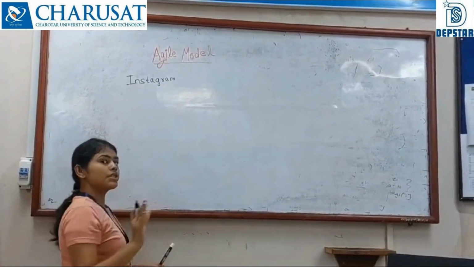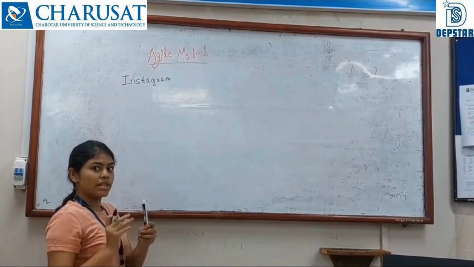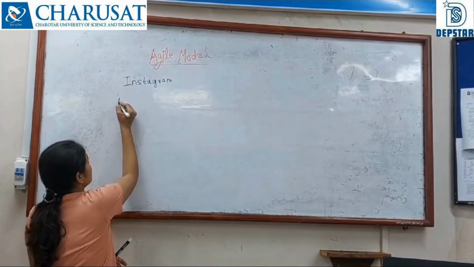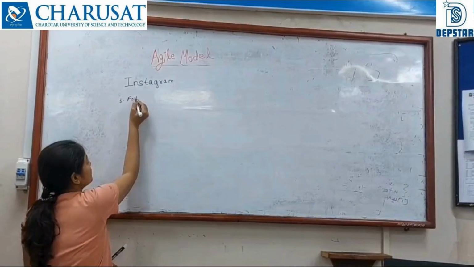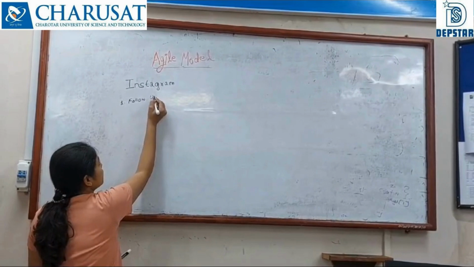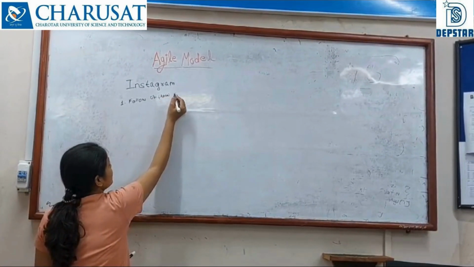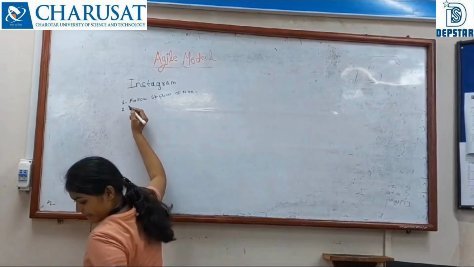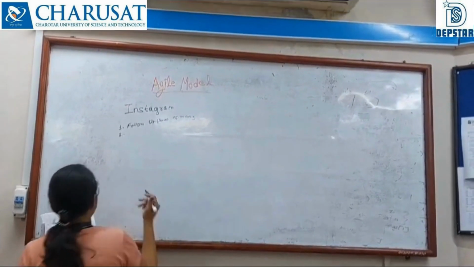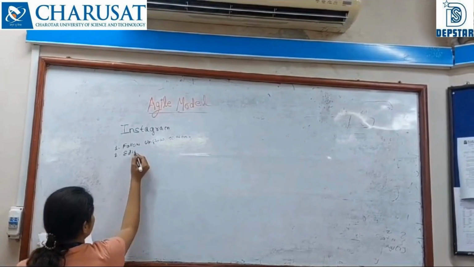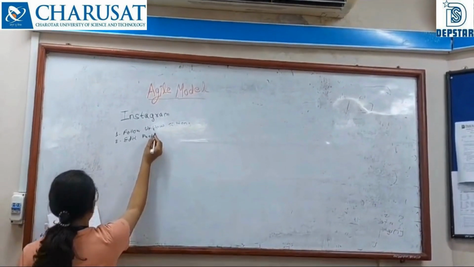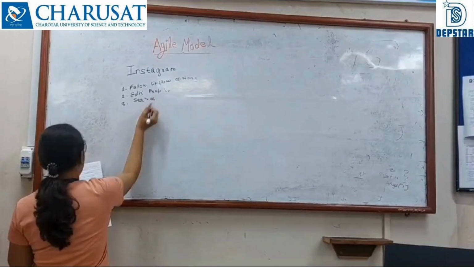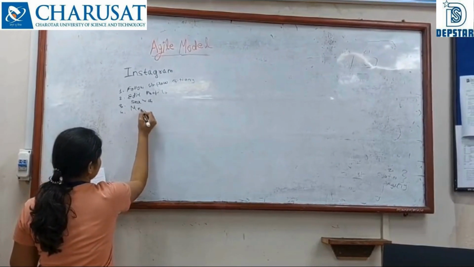So if a user is installing the application Instagram, what requirements do we need to gather? So first is follow, unfollow options. Second is edit profile. Third is search. Fourth is messaging.